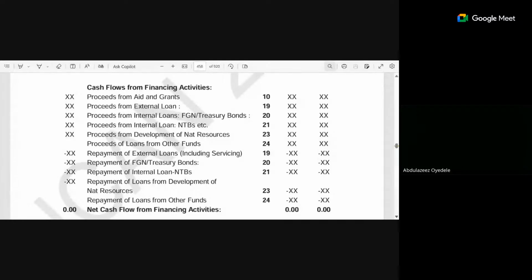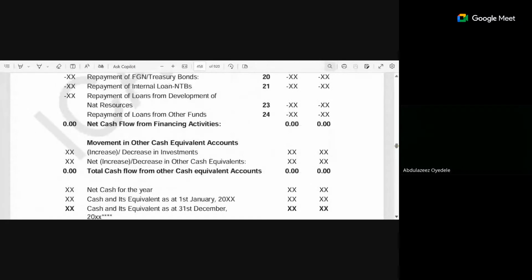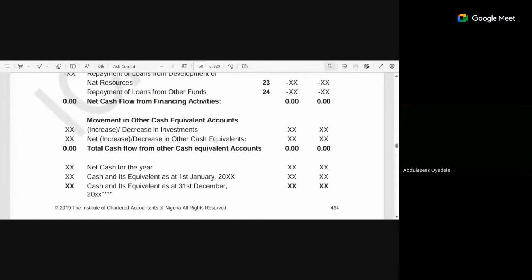So by the time you have the net cash flows from operating activities, the net cash flows from investing activities, and that of financing activities, the addition of these three will give us the increase or decrease in cash and cash equivalents for the period, the net cash for the year.